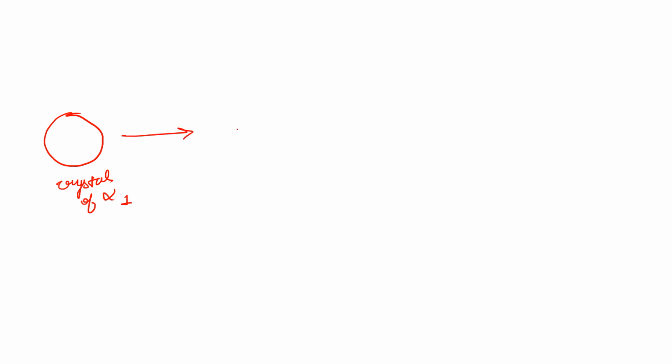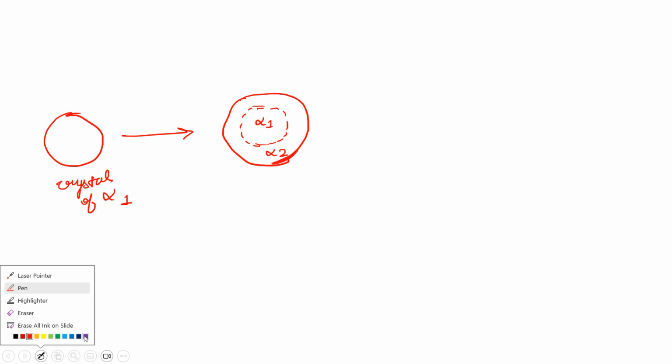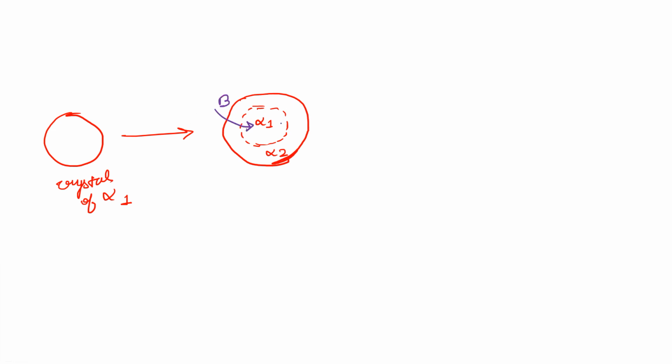So what will happen is, the same crystal of alpha 1 composition now will be surrounded by another crystal of alpha 2 composition. So this is alpha 1 and this is alpha 2, and to accomplish that, some of the B atoms will need to go in, some of the A atoms will need to go out.